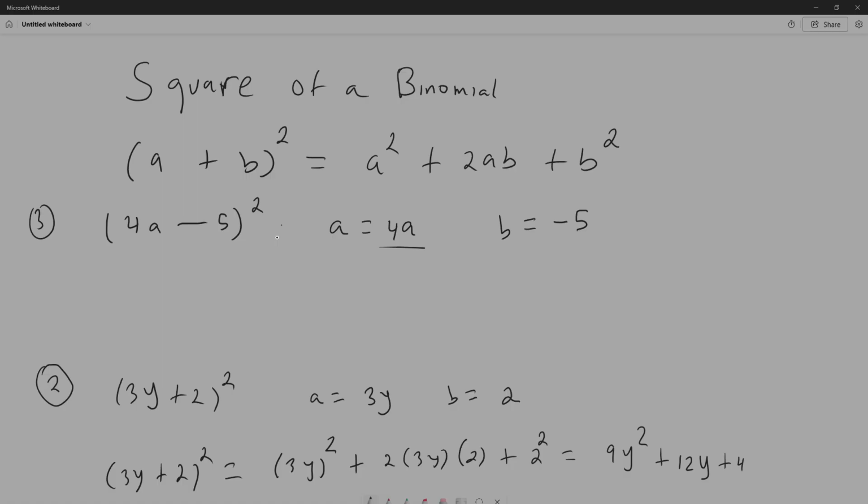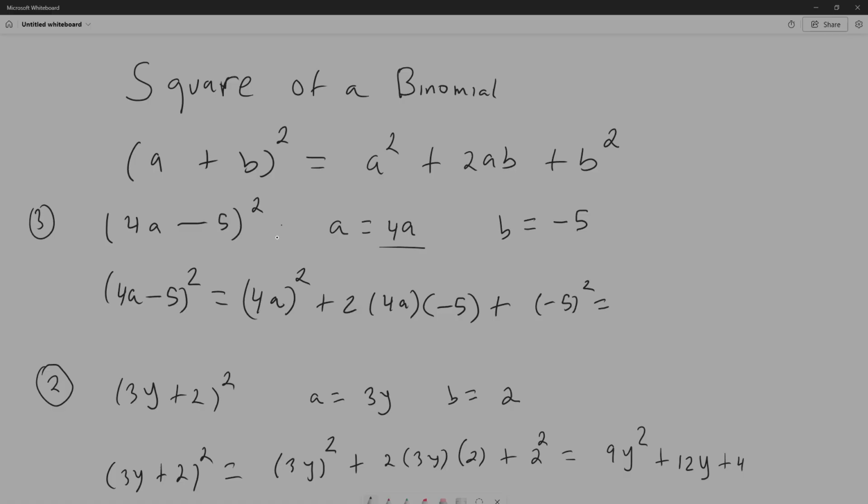Okay, so now we're gonna write 4a minus 5 squared. That's gonna be equal to a squared, so it's gonna be equal to 4a squared plus 2 times 4a times b, which is negative 5, plus b squared, which is negative 5 squared.